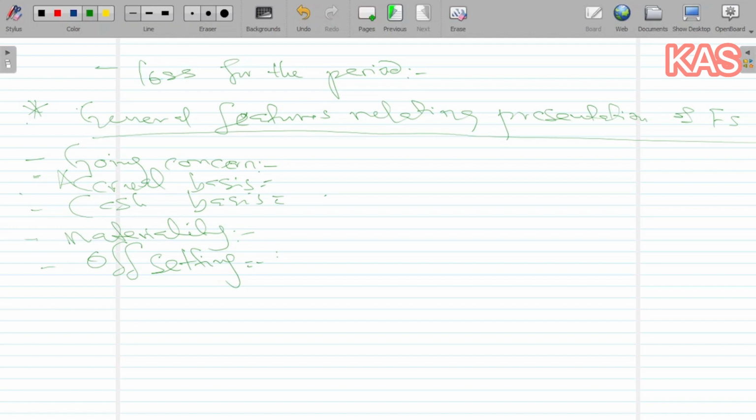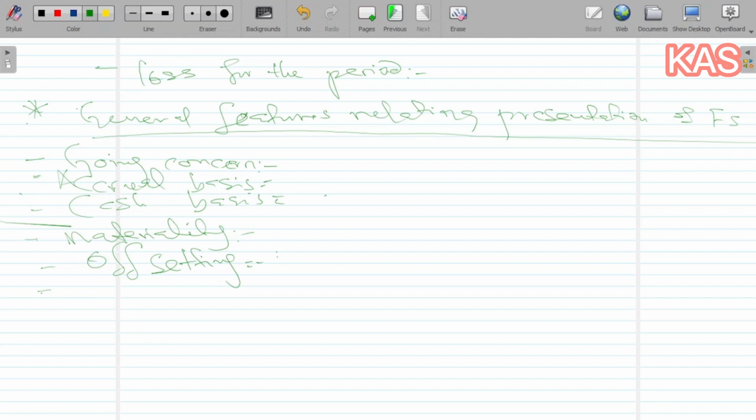You cannot offset income against expense. It's only permitted if it's required by another standard. But if it's not required by another standard, you are not allowed to offset asset against liability.